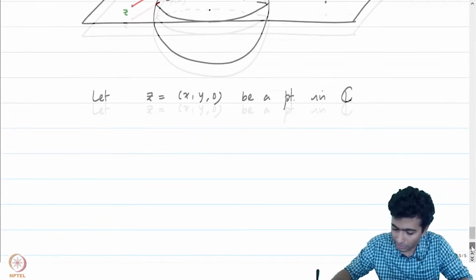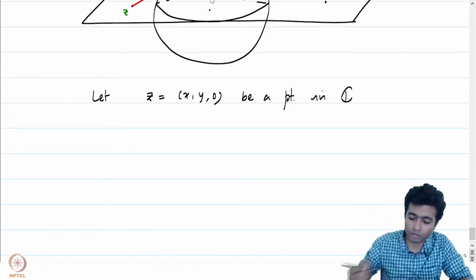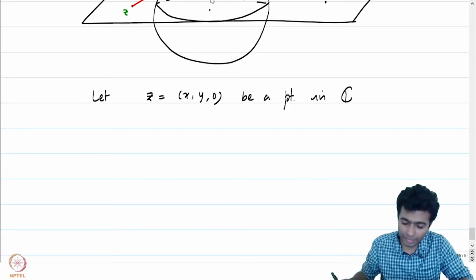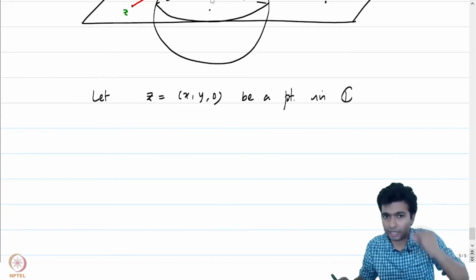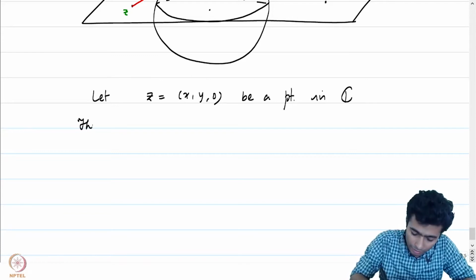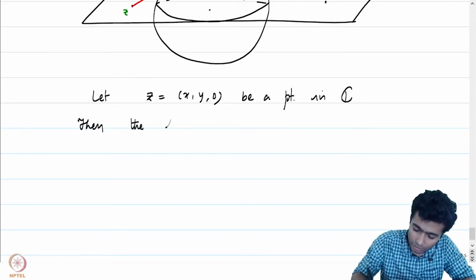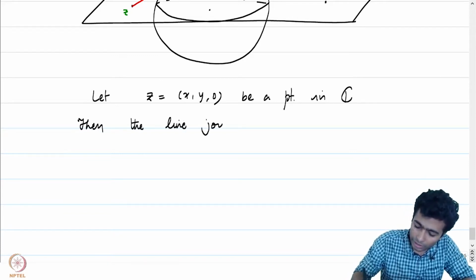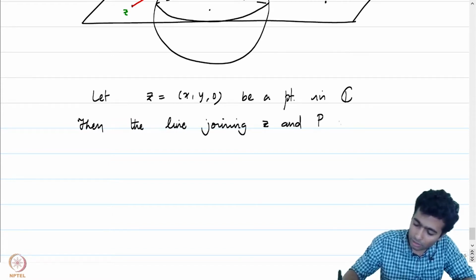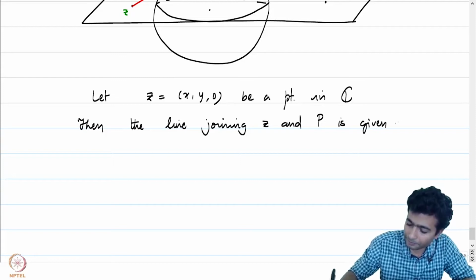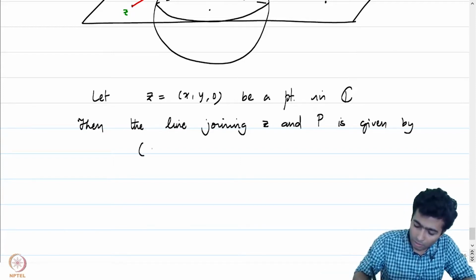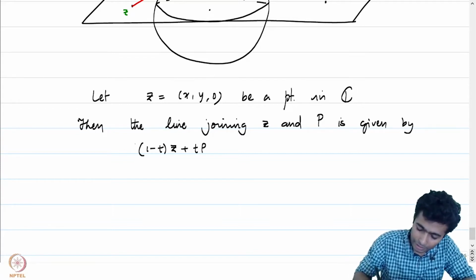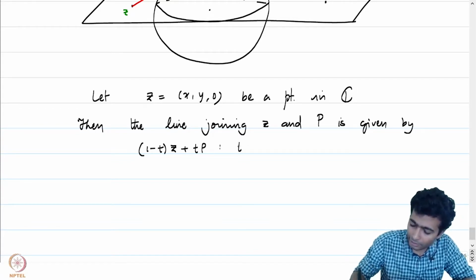As of now, I am just considering this as a set. What is the line which joins Z and P? Then the line joining Z and P is given by (1 minus t) times Z plus t times P, where t belongs to the real numbers.